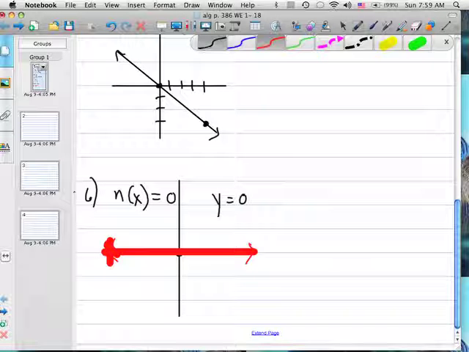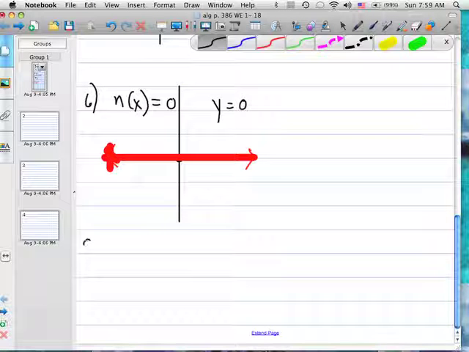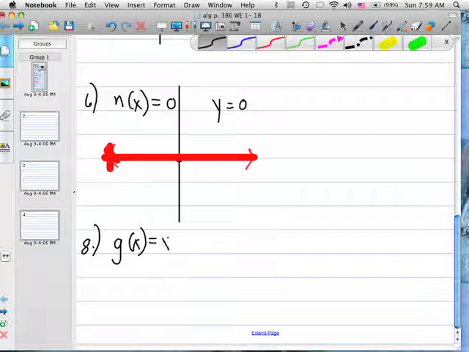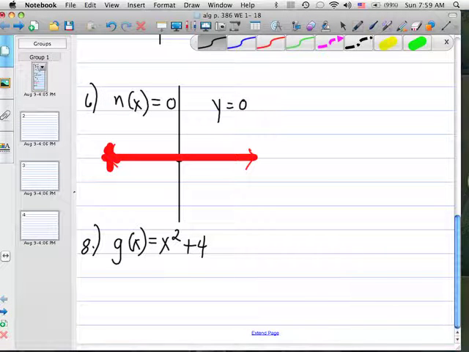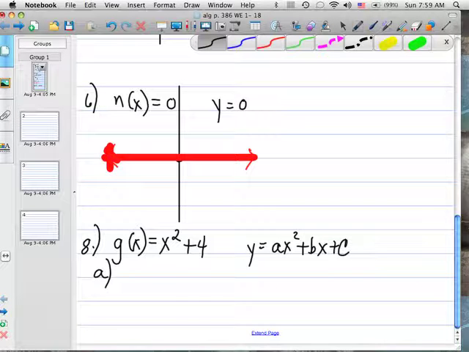Problems 7 through 12, we're to find the coordinates of the vertex. These are all parabolas, and then give the equation of the axis of symmetry and the least value of the function. Okay, so number 8 is g of x equals x squared plus 4. So remember, the standard form for a quadratic is ax squared plus bx plus c. And part A, they first want the vertex. So for the vertex, we have to find x.